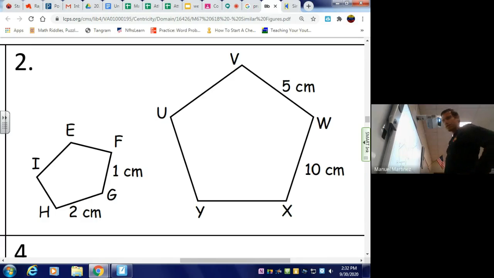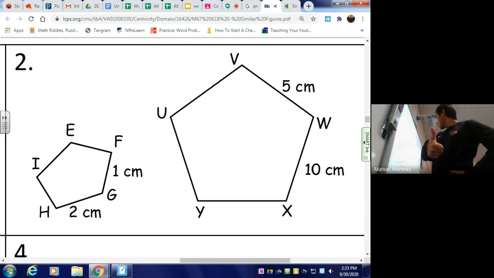Okay, so let's see. Well, I'm guessing you're not done yet, so I'll give you a few more seconds. This is interesting. So in this problem, remember that we have to check both conditions, right?